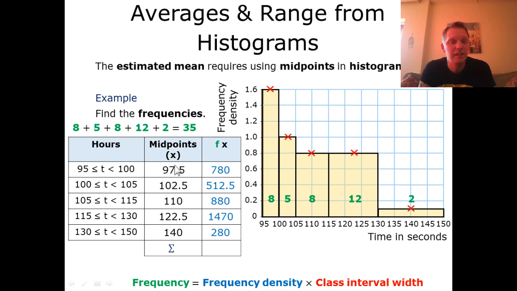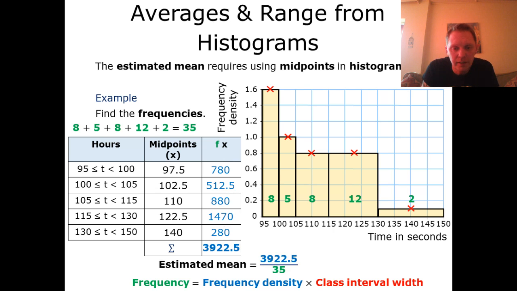So I've taken my midpoints and I've multiplied them by my frequency. So here I've got 97.5 and I've multiplied that by 8 to give me 780. So here's my grand total of all of my frequency multiplied by my midpoints, which gives me 3,922.5.